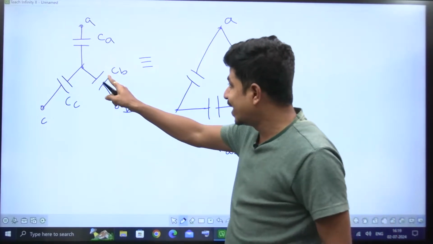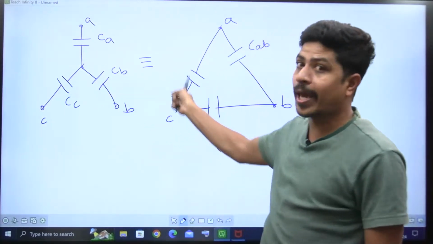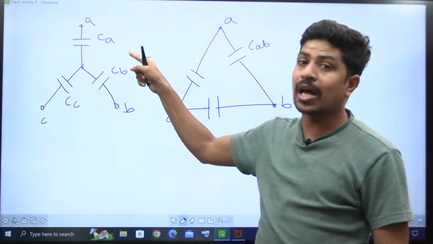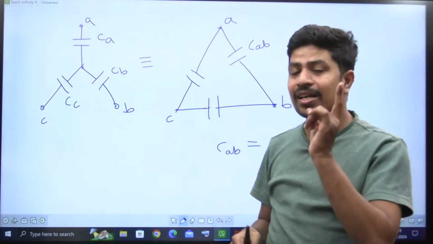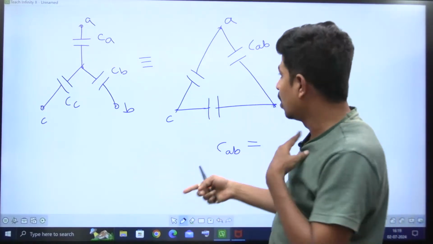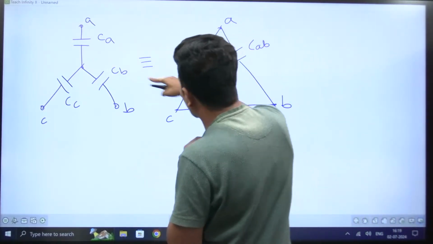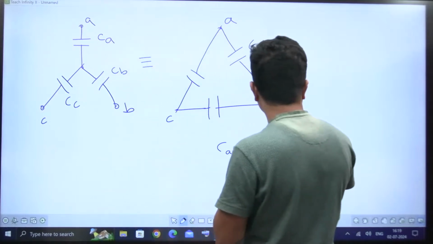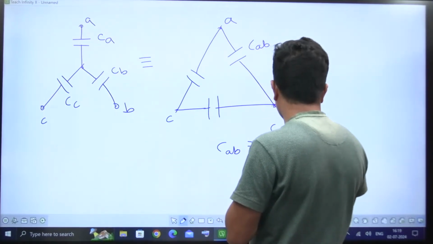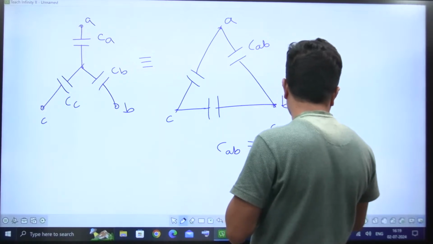Delta to star of resistances means product of the connected elements by total. For CAB, CA into CB, product of the connected elements by total, CA plus CB plus CC, right?